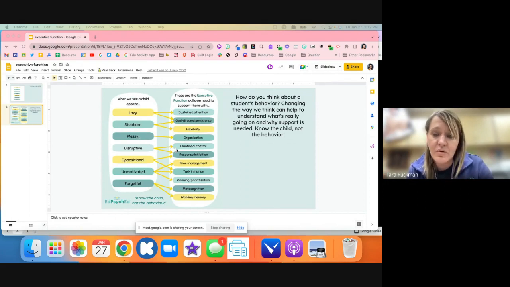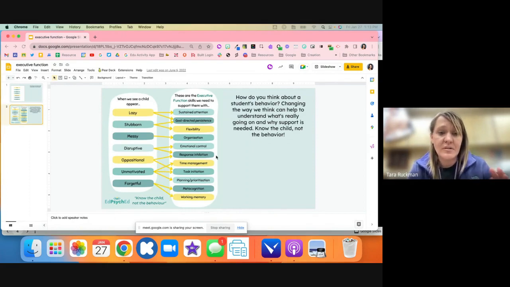Disruptive, emotional control and response inhibition. So we start to think about that one student or those couple of students in our class that throw us off. Then we change from using that descriptor, because it's that whole mindset of knowing that it does not have to be like that. We can change those things by teaching them those skills.